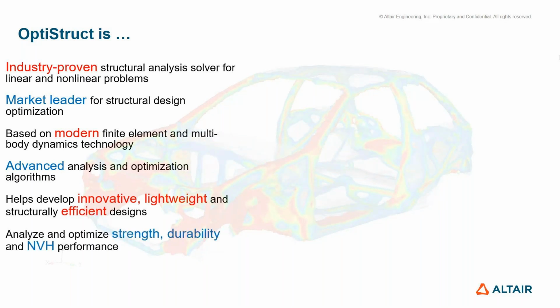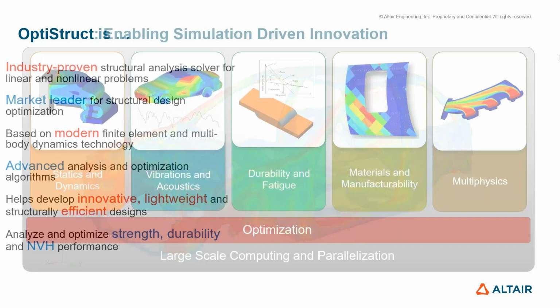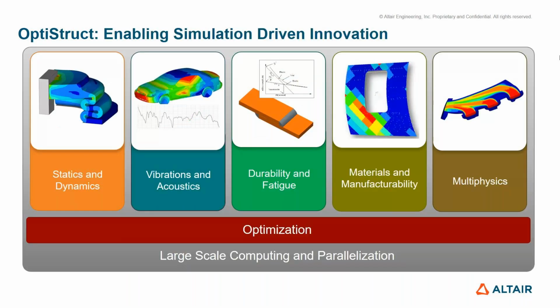And you can analyze and optimize strength, durability, and NVH performance of the component by using OptiStruct optimization. So what are all the different types of optimization you can perform using OptiStruct? You can perform static and dynamic optimization, vibration and acoustic optimization, optimization on life cycle of the component, and also optimization on composite material and multiphysics.